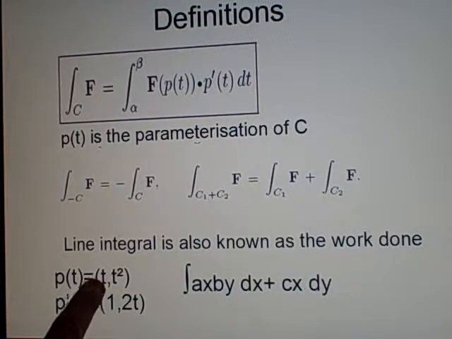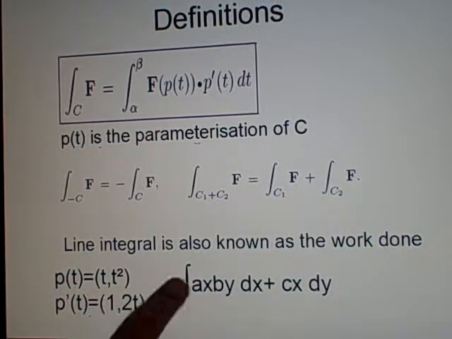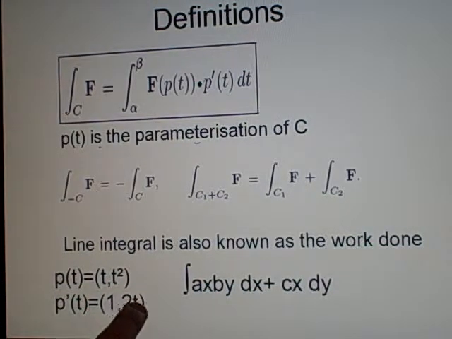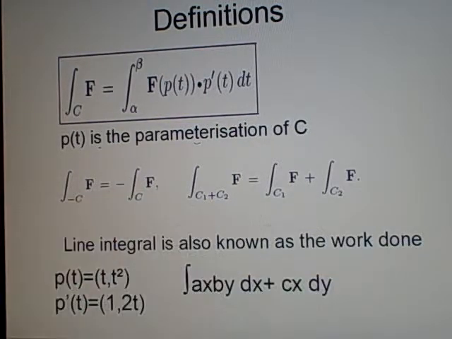Where there's an x we put a t, where there's a y we put a t squared. For our dx we put a 1, and our dy we put a 2t, and then we put dt on the end, and then you integrate it between the points, which will be given sometimes in the question, but most of the time it's between 0 and 1.